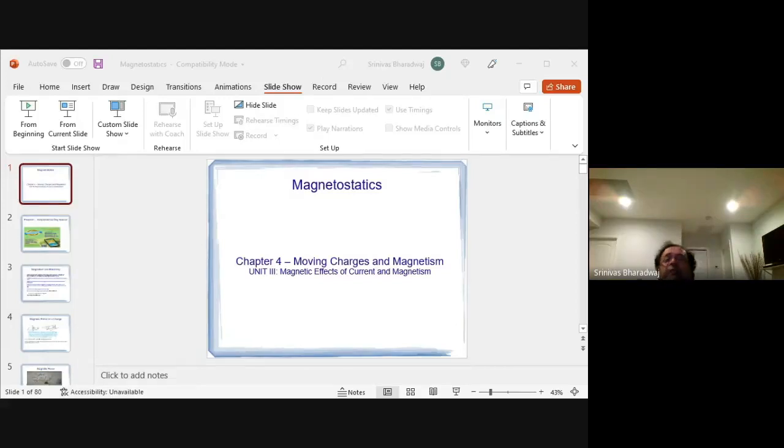There are two things that happen in magnetostatics. First, a current carrying conductor produces a magnetic field. And second, a moving charge in a magnetic field experiences a force. A moving charge in a magnetic field is also a current carrying conductor in a magnetic field, so a current carrying conductor in a magnetic field also experiences a force.